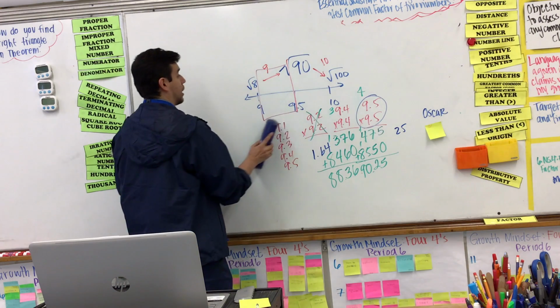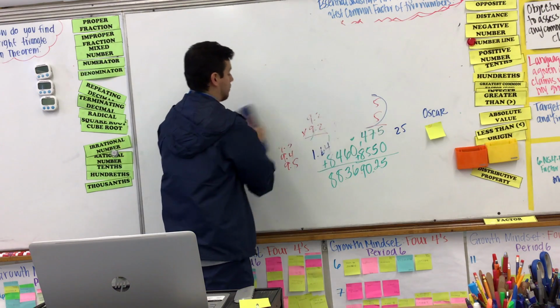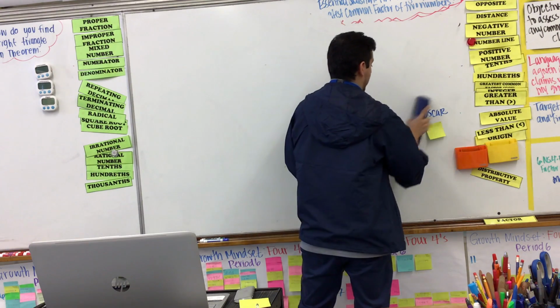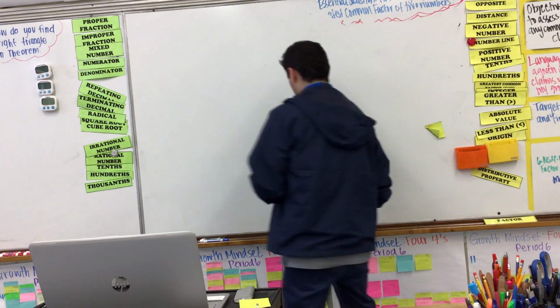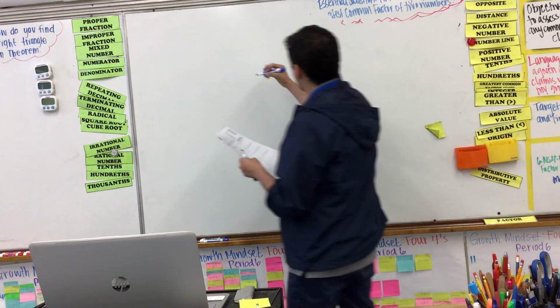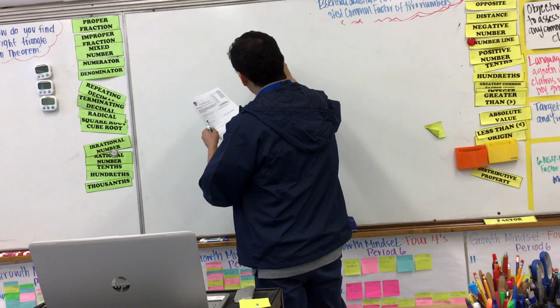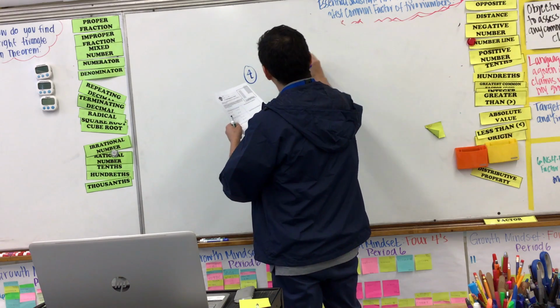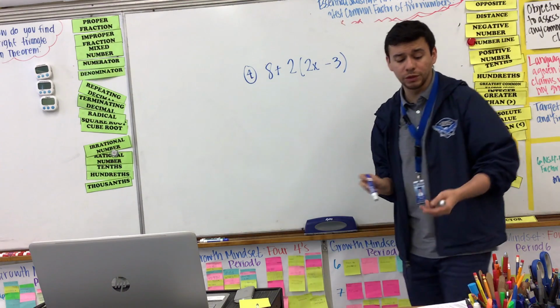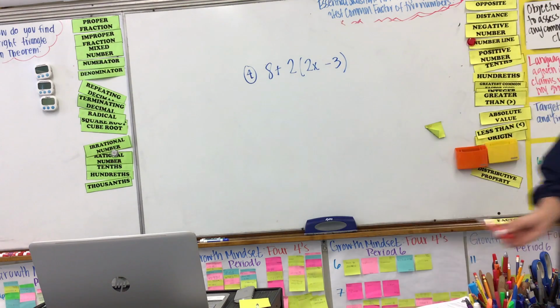Let's go over number 4 now. Okay, number 4. 8 plus 2 times the quantity 2x minus 3. Okay. This one we haven't done in a while, but it should be straightforward.